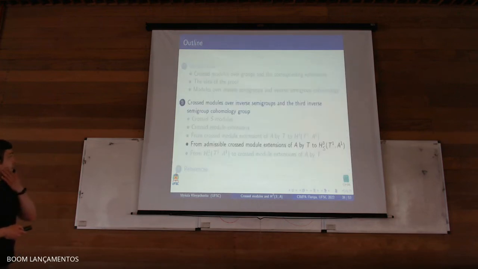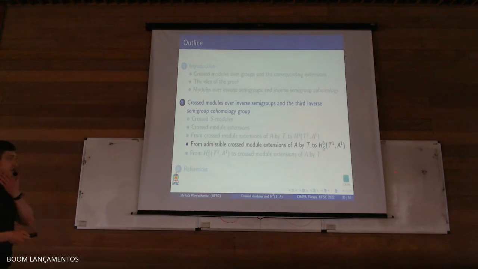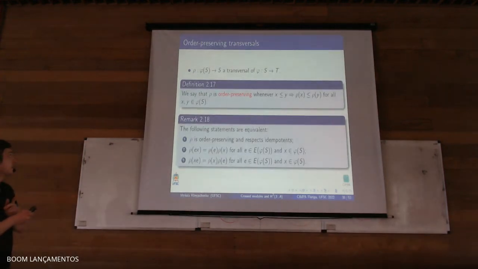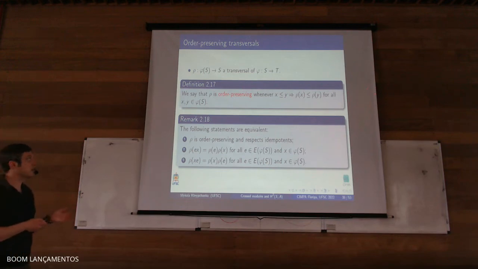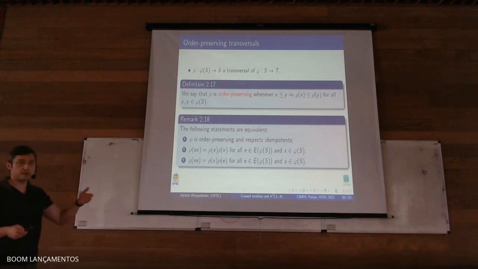Now I will need some specific extensions which produce these order-preserving cohomology groups. You can always choose a transversal of your homomorphism, but it's not clear whether you can choose a transversal which preserves order as well as a map.